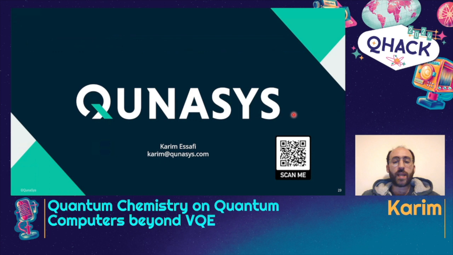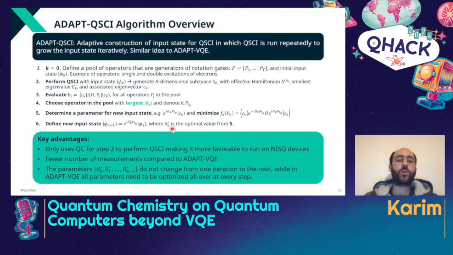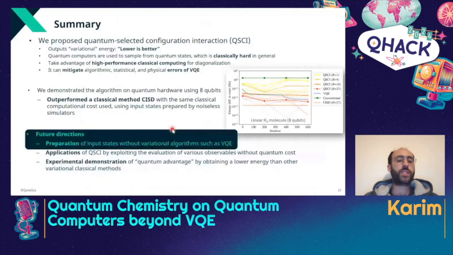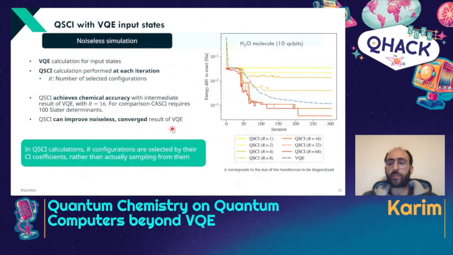Good question. At least at the level we have now, we show that it has similar performance, at least for smaller molecules. Of course, we can only test this on small molecules because we don't have access to bigger quantum computers.